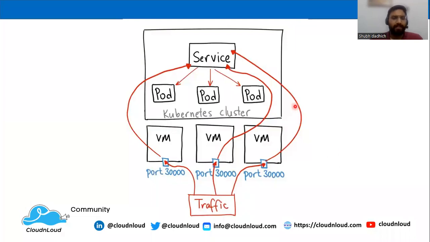First type is NodePort. In this type of service, you are allowing external traffic by opening a TCP port on your worker node, and via kube-proxy, which is available on all the nodes, requests are proxied from the TCP port to the pod on the node.